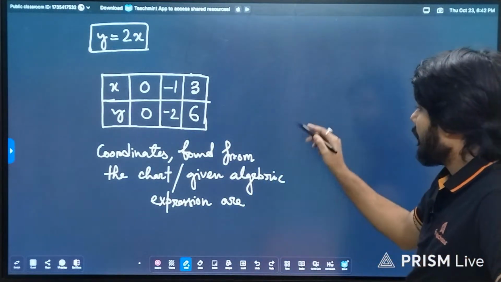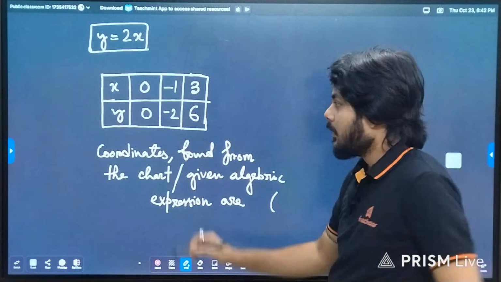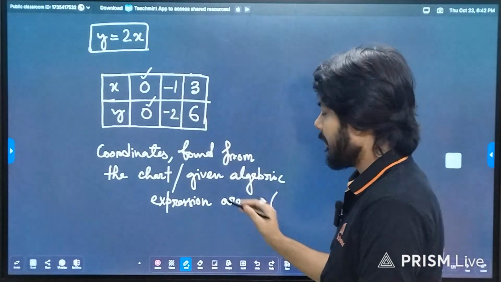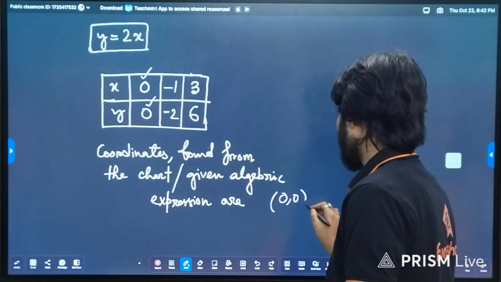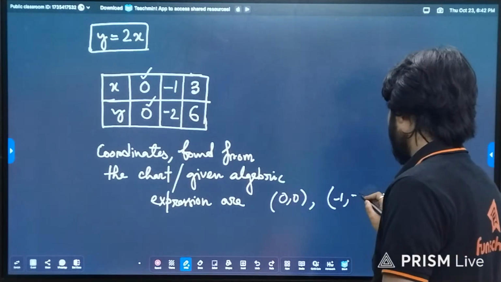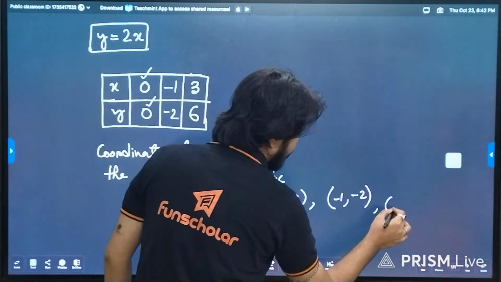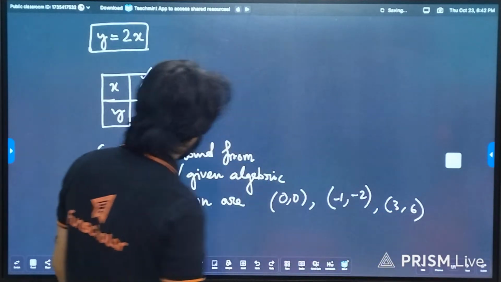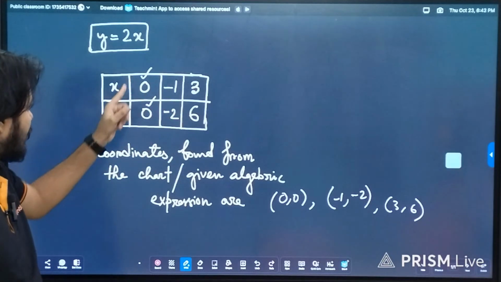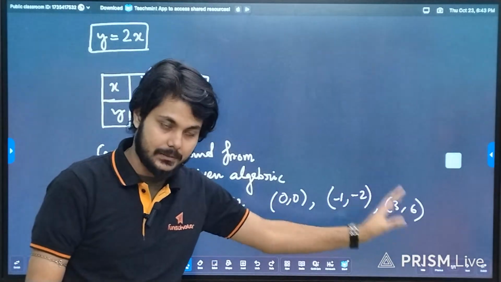Here we have found three coordinates: 0 comma 0, always x first, then y; minus 1 comma minus 2; and 3 comma 6. X first, then y.